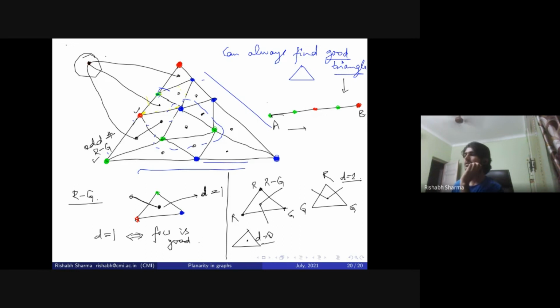Currently I'm at a vertex which is green. Whenever I meet a red vertex, I say that I found an edge which is red-green in color, because I changed my color from green to red. So whenever I change my color, I say that I found a red-green edge. For example, I start from here and go to the next vertex.